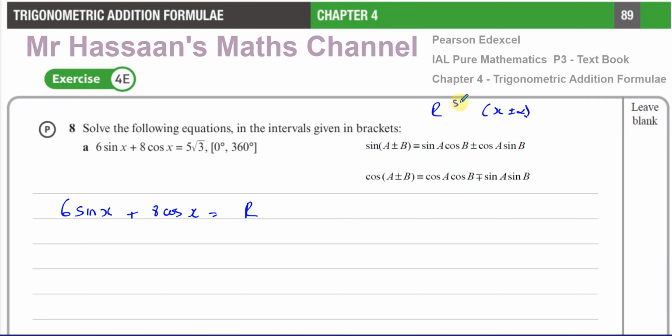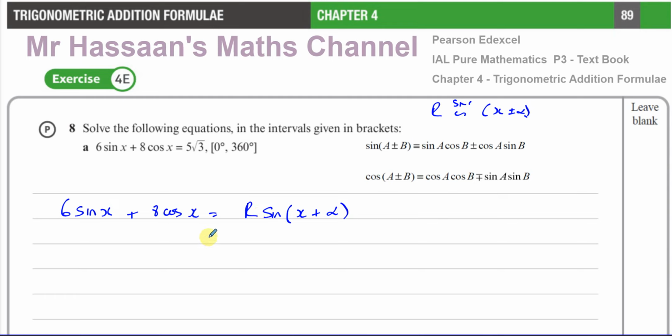So we're going to have sine A and then cosine A after it. We can use the formula sine of A plus B, so in this case we're going to have x plus alpha. The alpha is just the angle in this place, which we have to find the value of, as is r, the coefficient here.